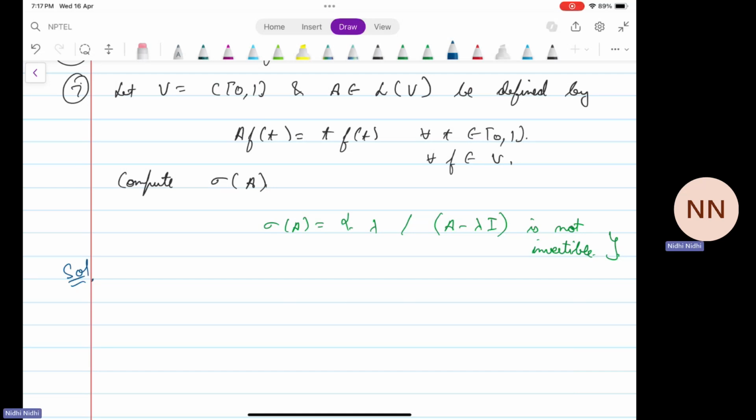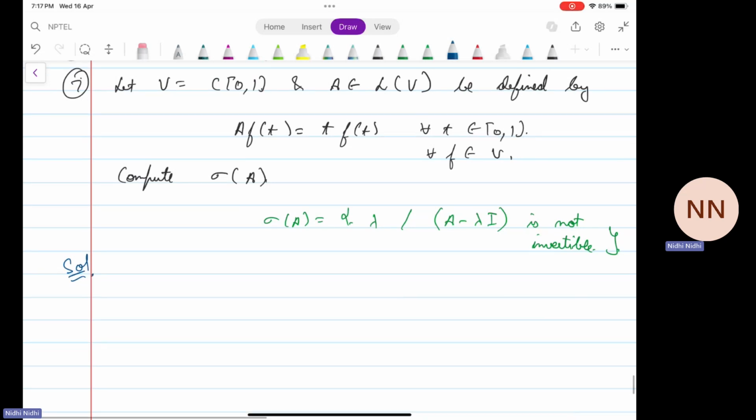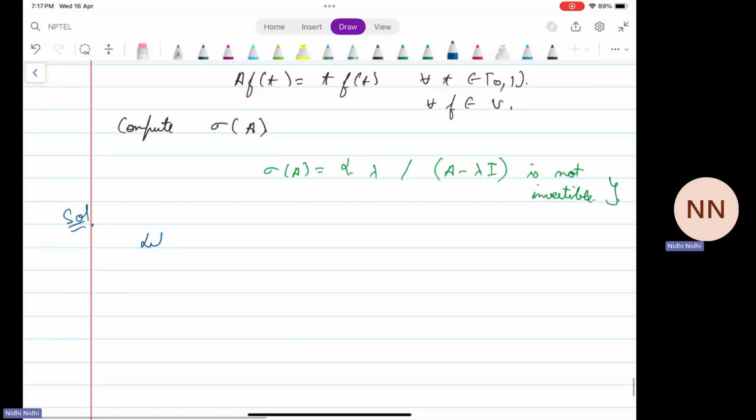Suppose lambda is a scalar such that it does not belong to closed interval 0 to 1.